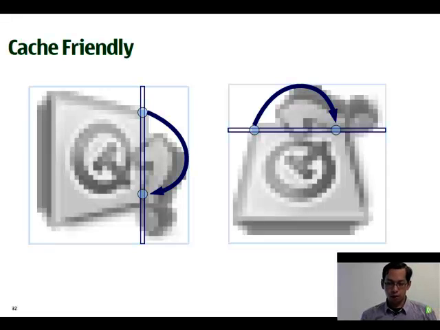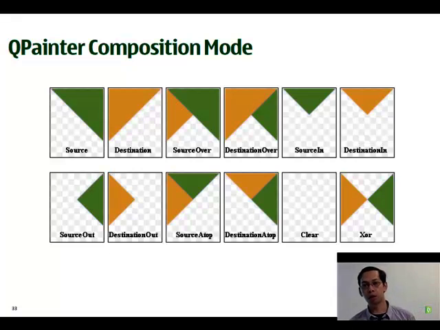Now let's touch another subject, namely the composition modes. So composition defines how an image is composited into another image. So if you have an image and you have a widget, for example, if you paint the image on the widget, then the composition mode for that painting defines the end result.